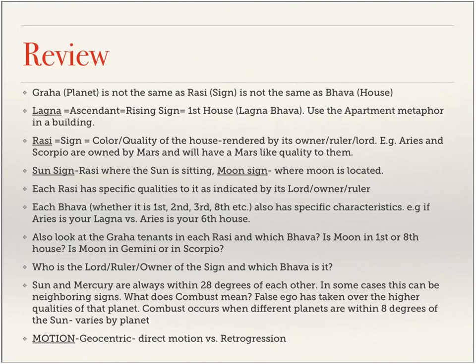And in some cases, that can be felt in a negative way, and in some cases, it can be felt in a positive way. Again, it all depends on context. We don't just look at that by itself, right? Rahu and Ketu are the two planets that are always in reverse motion, because their direct motion is always going backwards in the house. And again, that will become apparent as we go through the bhavas.